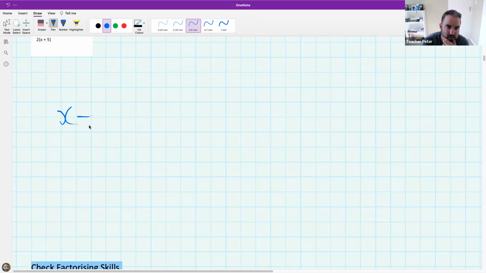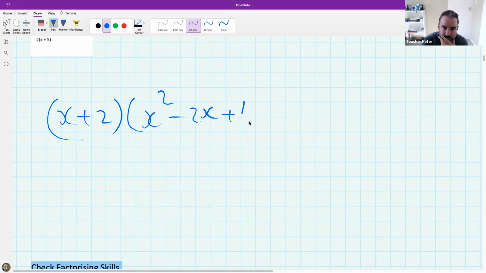I want you to multiply this times this. So this is my made-up example. I want you to multiply this small bracket by this big bracket and then tell me what you end up with.